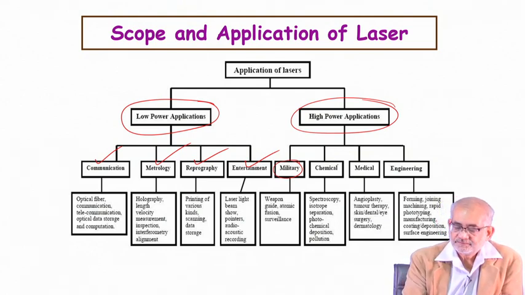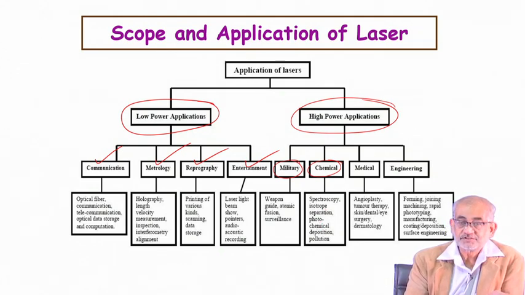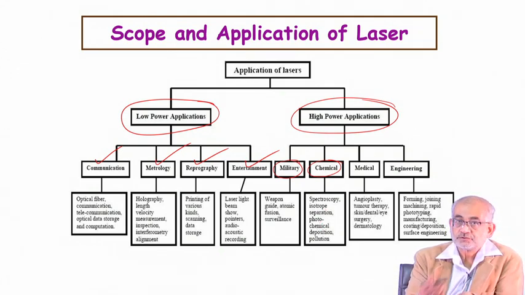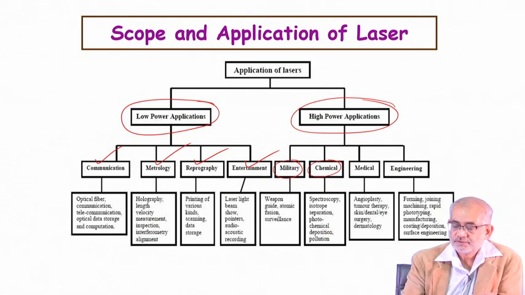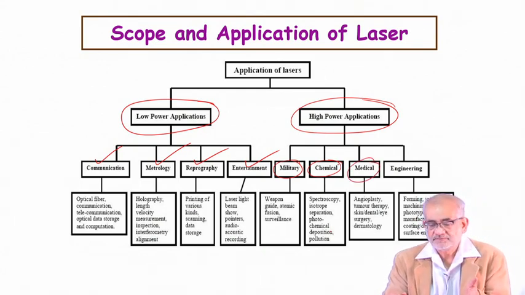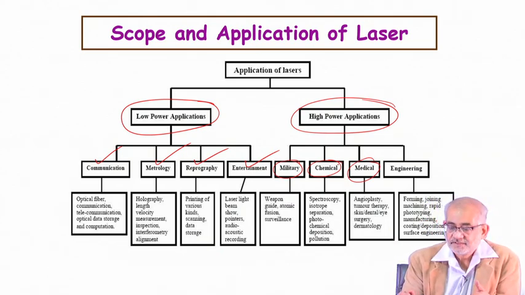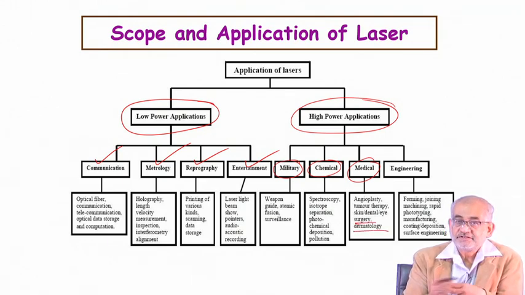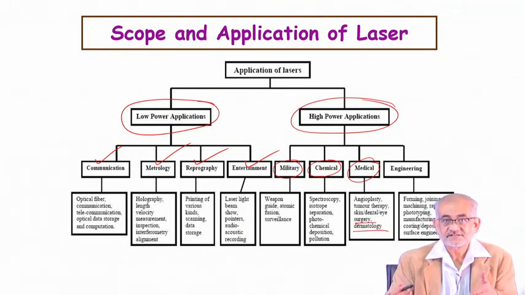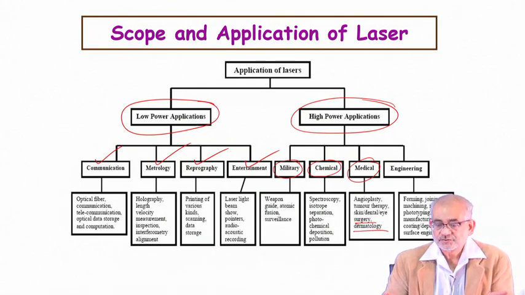In case of chemical applications, there are various kinds of spectroscopy, isotope separation, photochemical deposition, pollution control, conversion, and so on. In medicine, there are a host of applications, starting from various kinds of therapies, angioplasty, surgeries, dermatology, treating various forms of cancer cells, and so on.